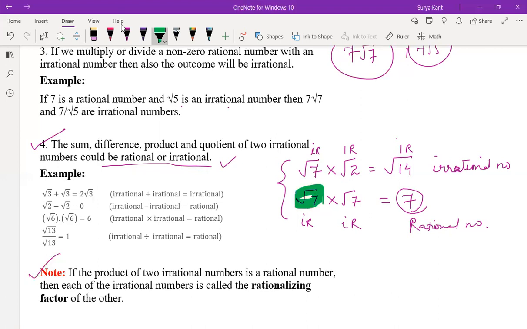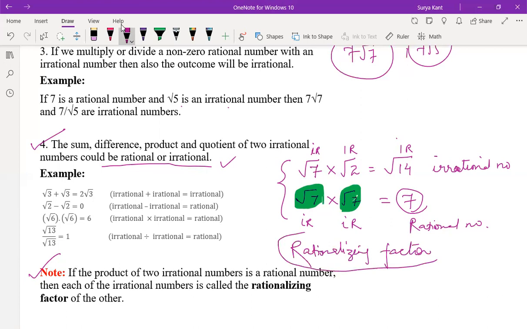What is the rationalizing factor? Anybody knows what a rationalizing factor is? The number which you multiply with this irrational number, which makes the number rational.